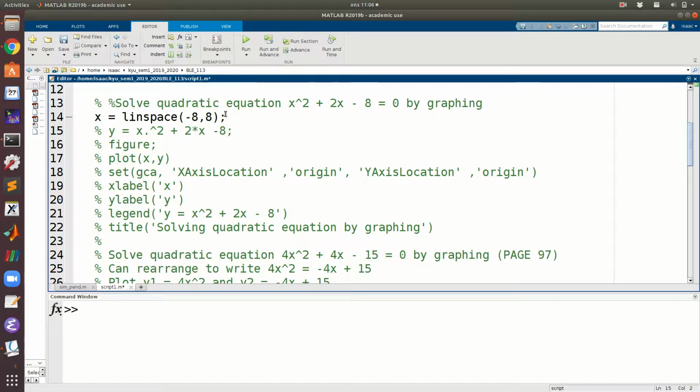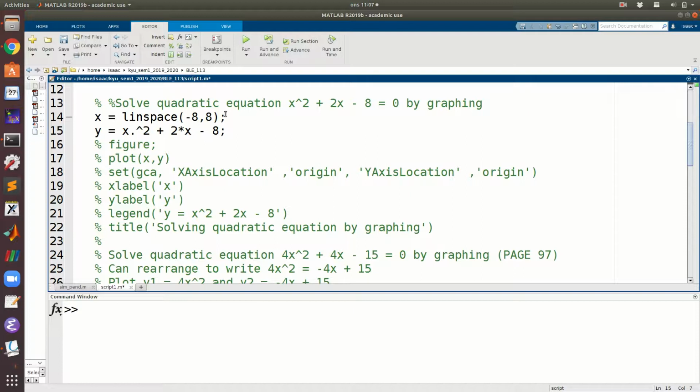Then for each value of x we now calculate y. Remember, for each value of x we plug it in here: x squared plus 2 times x minus 8. Someone may ask why we have this dot. I'll explain this in the subsequent videos, but the idea is that since x is a vector, when you say y equals x squared, MATLAB may get confused.